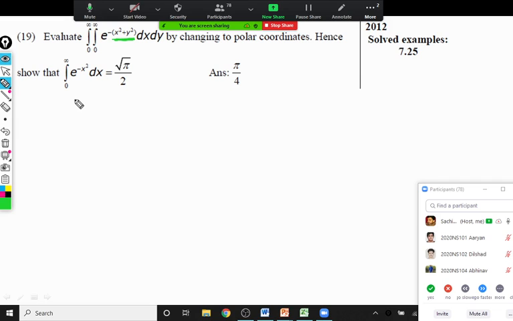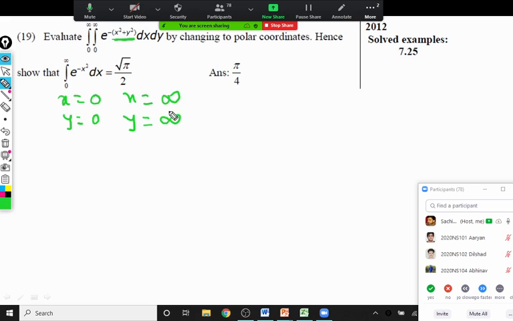Anyone who knows the answer, raise your hand. Yes, Sufyan. So 0 to infinity, both limits are 0 to infinity. So we have the limits for x as 0 to infinity, and y as 0 to infinity.